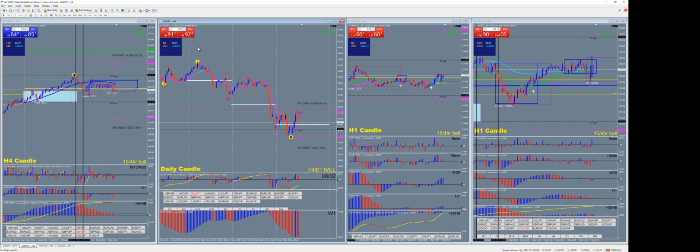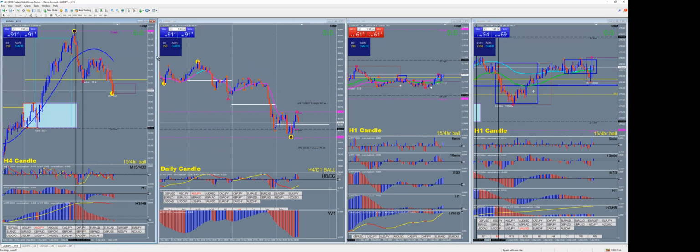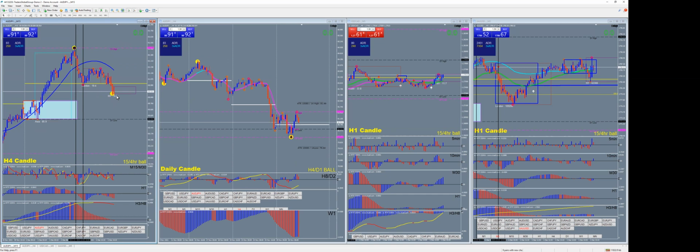All right, looks like the Aussie yen is in retracement mode, 2-ball retracement. H8 is lined up to go short. I'll put that to the side. It's already moved. Let's keep going.